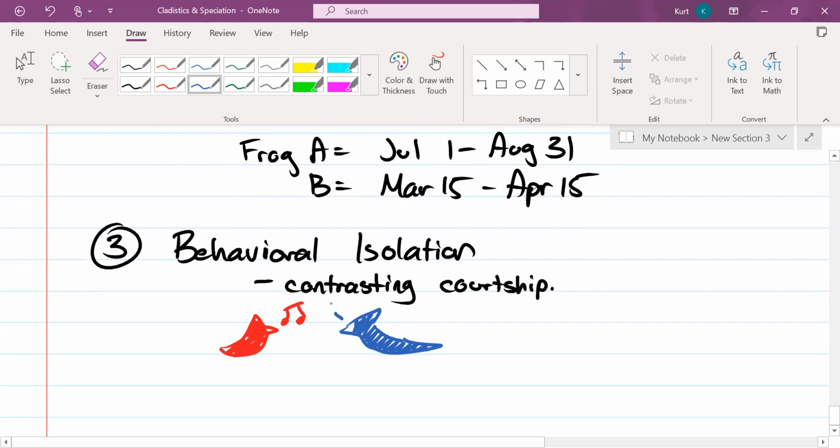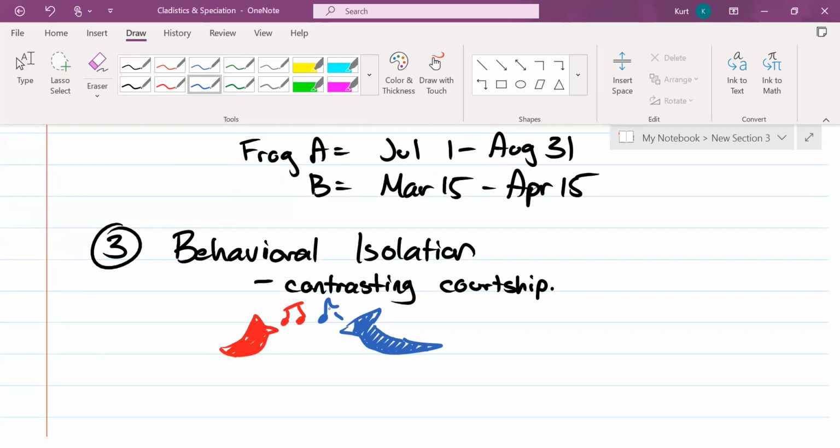And when a male blue jay sings, he's trying to attract a female blue jay. When a female blue jay is listening and she hears the male cardinal, it's just like, ugh, I'm not interested at all. It's almost as if she doesn't even hear it. And it's vice versa. A female cardinal might, let's say, hear a male blue jay, but she doesn't pay attention to it at all. She's only listening to the song of her counterpart.